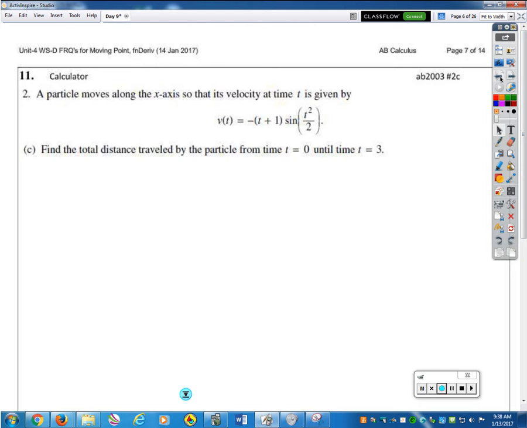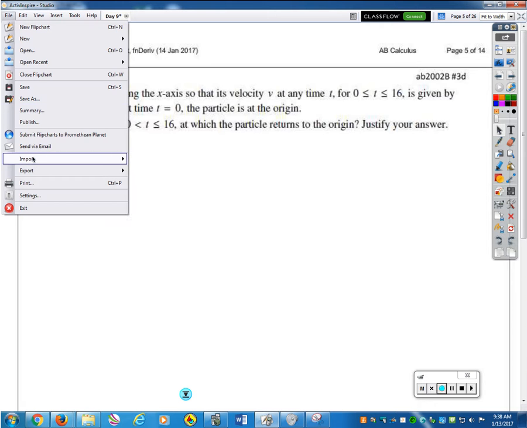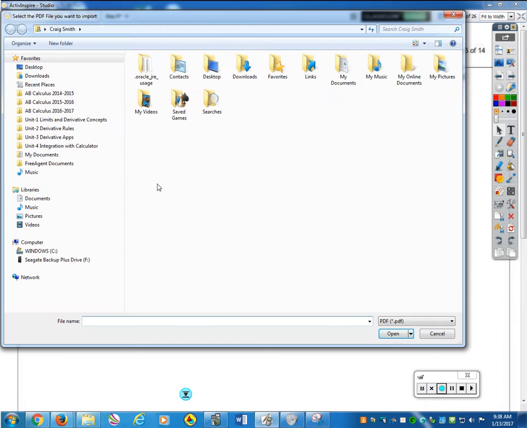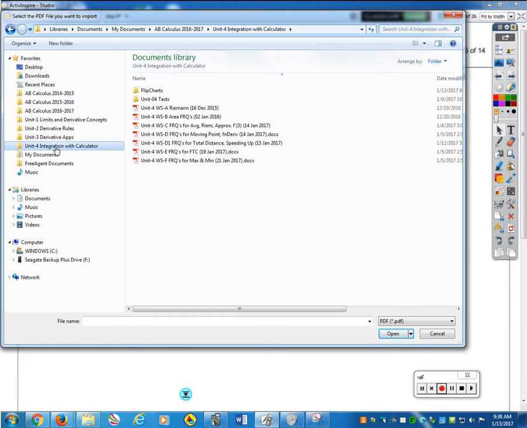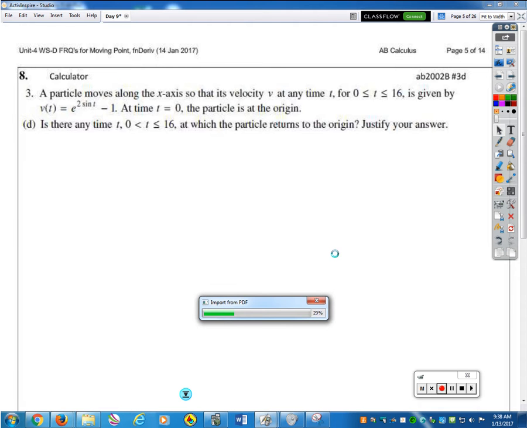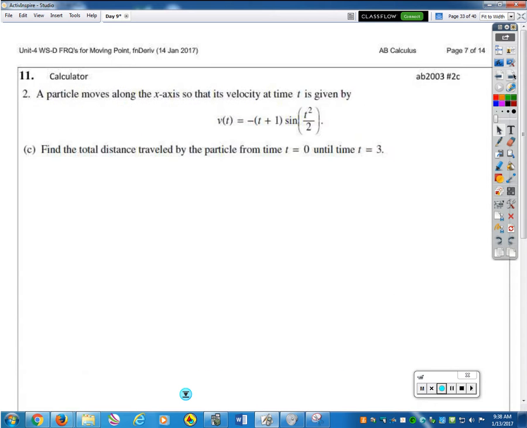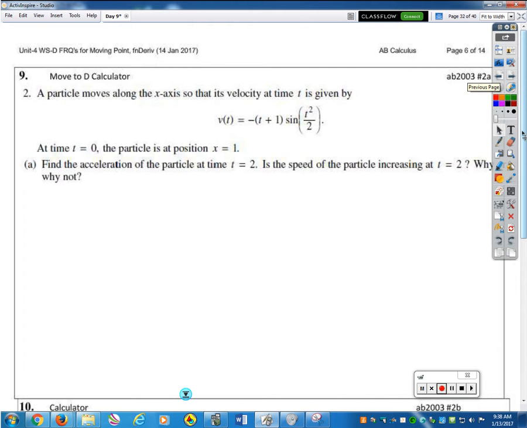So number 9, okay, number 9 says find it. This also relates to your question, Sarah. It says find the acceleration of the particle at time equal 2.